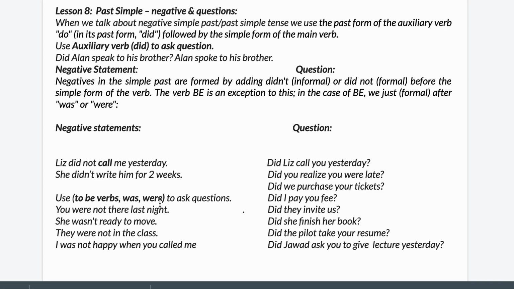We use the verbs was and were to ask questions. You were not there last night. Now if you want to make this a question, then you should say, were you there last night? Question mark. Okay.